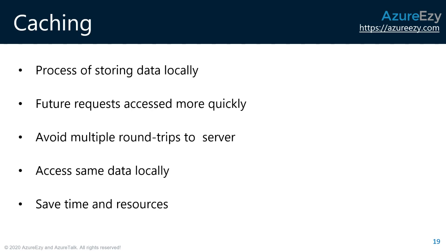It will save your resources as well. Because content is cached locally, we get those things very quickly, and it will save your bandwidth as well in your future requests. So these are some of the common terminologies that we discuss about caching.